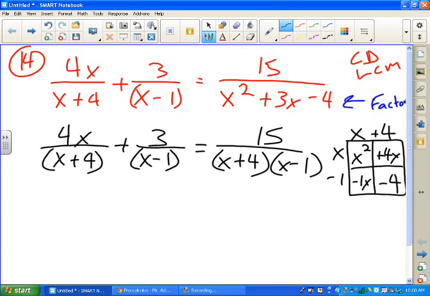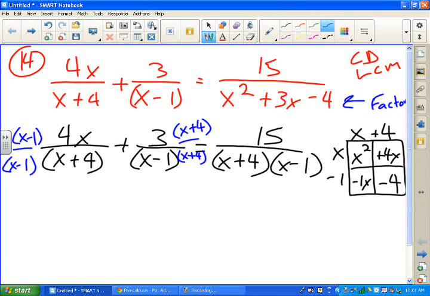So then my lowest common multiple, or my common denominator, would be x plus 4 times the quantity x minus 1. I need to make sure that every fraction has that in the denominator. For my first fraction, if I multiply the bottom by x minus 1, that fulfills the lowest common multiple. And remembering, whatever I do on the bottom, I have to do on the top.